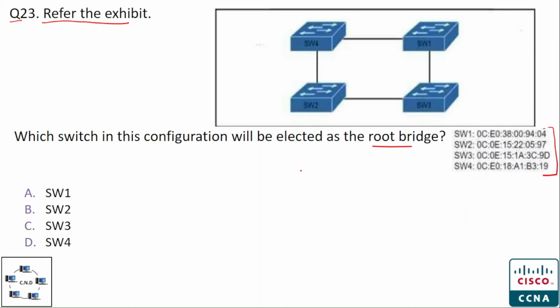So the criteria is that for selection of the root bridge, we consider 2 things. First is the priority, and second is the MAC address. The lower the priority, the more chances the switch has of being selected as the root bridge.